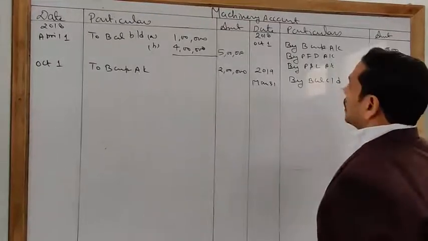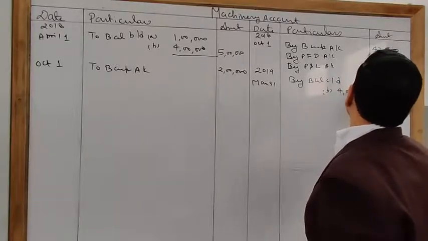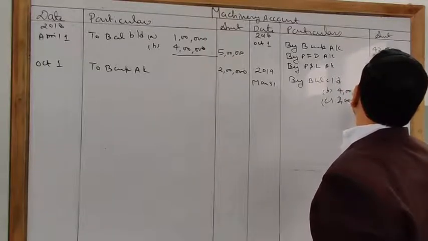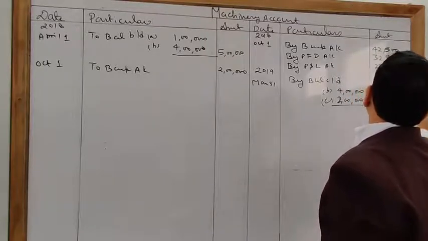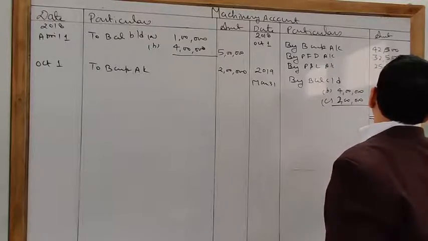Clear? So now we are having two machines. First is B 4 lakh and C new purchase machine 2 lakh. Total is 6 lakh. Make a total over here 7 lakh.